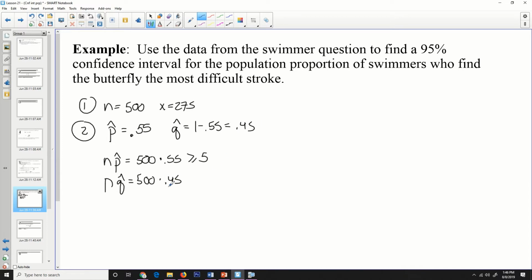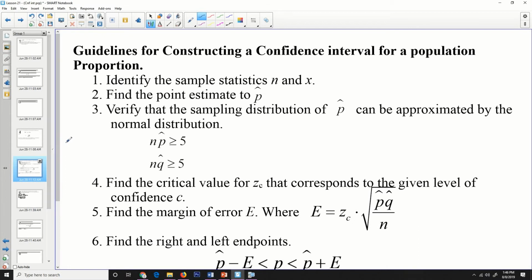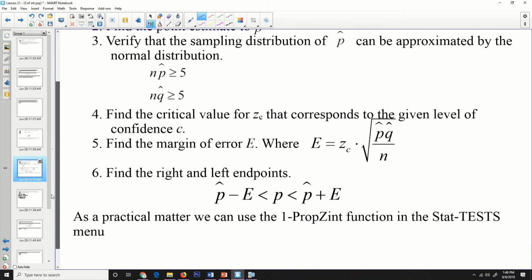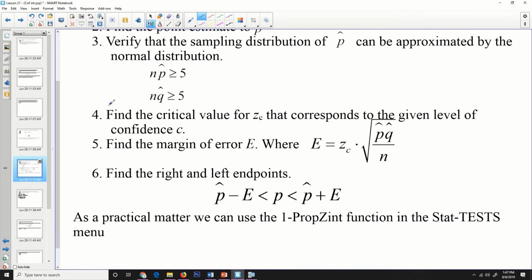Even though this is a little bit less than 0.5, if we round it up to 0.5, half of 500 is 250. Even though we lower it by that 5%, it isn't going to be below 5, and that's clearly greater than 5. So we checked our suppositions there and verified our assumptions.